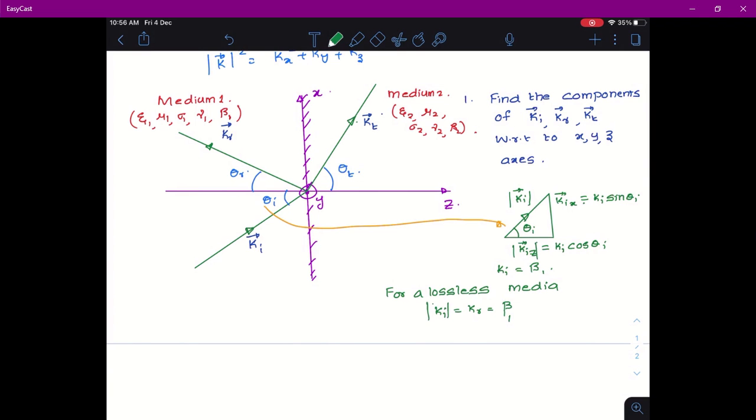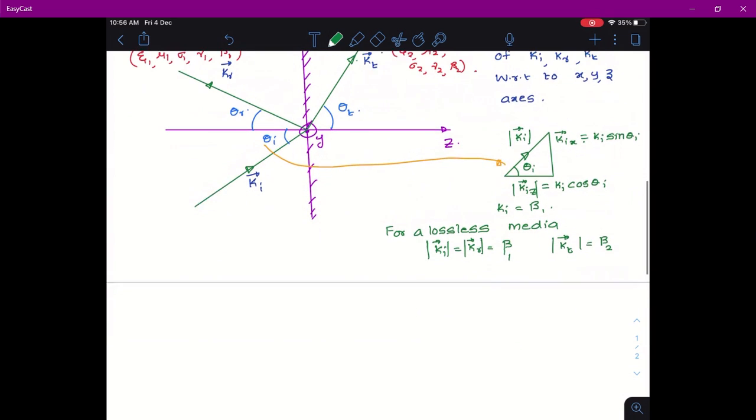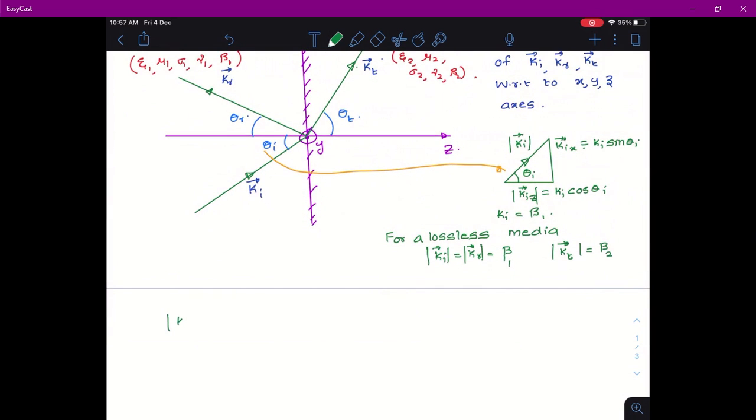So the magnitude of ki is actually beta 1, and the magnitude of kt, which is in the second media, is beta 2, which we have seen in the normal incidence case. Fine. So I can write the magnitude of ki z is equal to beta 1 cos theta I, and the magnitude of ki x is equal to beta 1 sin theta I.